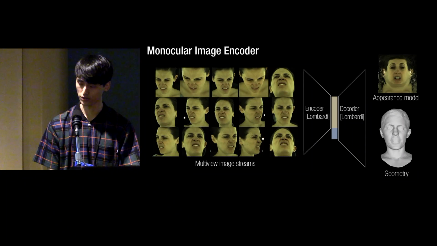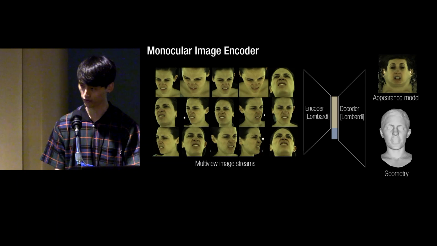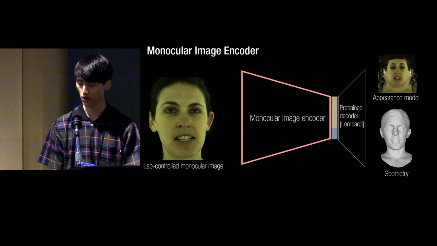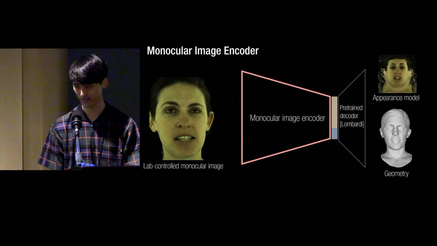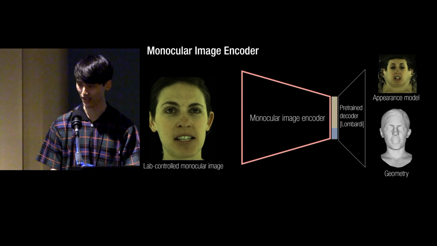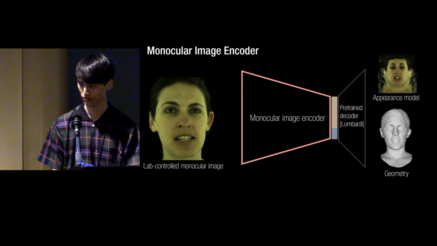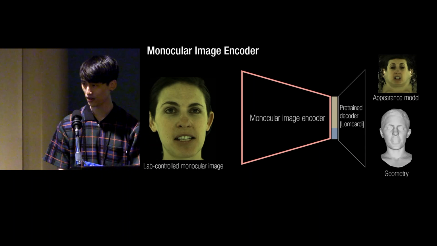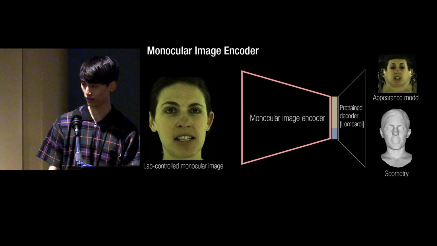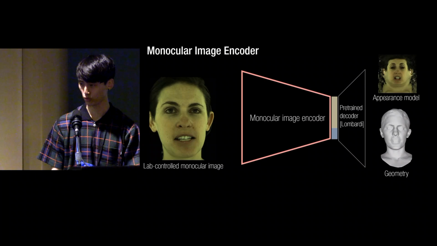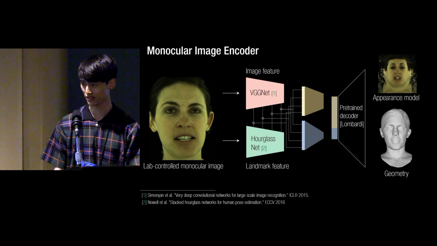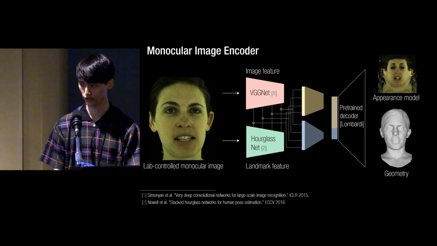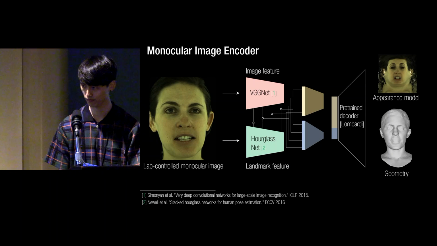Given existing approaches with the latent representation of a 3D face model, we develop a new encoder that takes a monocular image and then regresses the latent representation such that it can match the rendered scene. More specifically, our encoder is composed of 2 feature extraction modules that are responsible for converting a monocular image to the visual feature and landmark features.